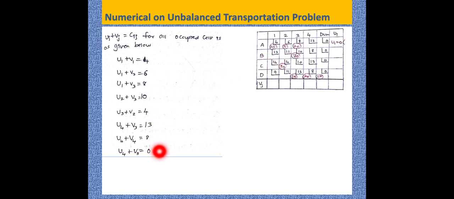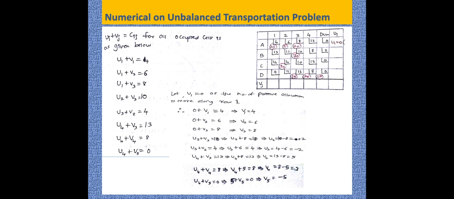Similarly I have done it for all the allocated or occupied cells. Now as I already told, I have taken u1 is equal to 0. So when I substitute 0 in these equations, I will get v1 is equal to 4, v2 is equal to 6, v3 is equal to 8.